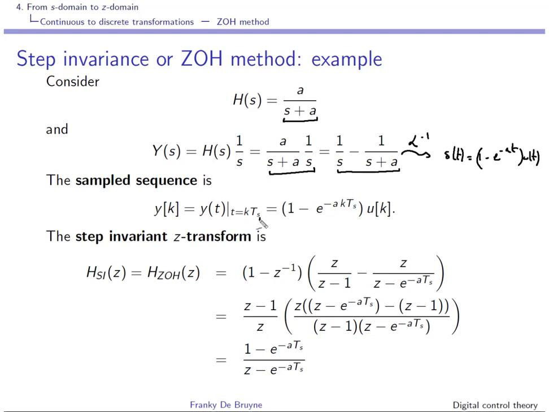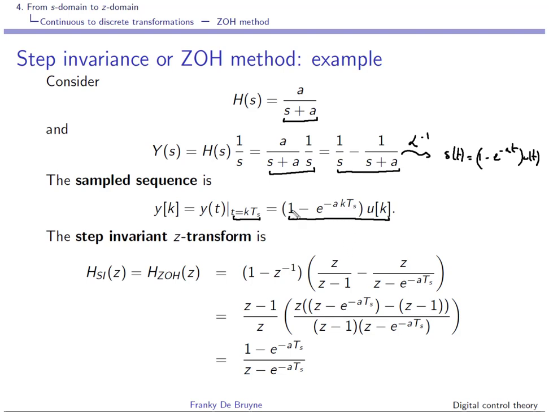So if you sample this signal that we have obtained over here, this is what you obtain. So you have now a discrete time sequence, and you can of course obtain the z transform.